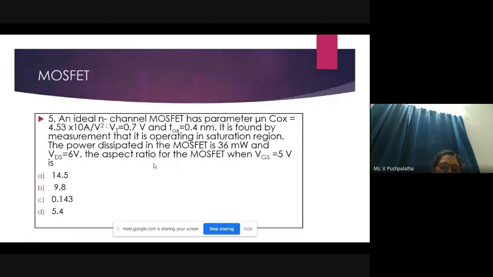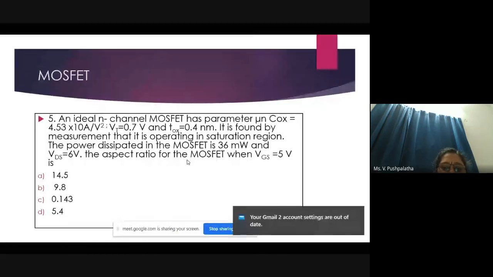You need to find W by L. So first, in order to find that, you need to write the current equation, right? But here they have given the power dissipated in the MOSFET as 36 millivolt. What is your current equation? Your current equation is IDS equal to mu n Cox W by L times VGS minus VTH whole square, right?